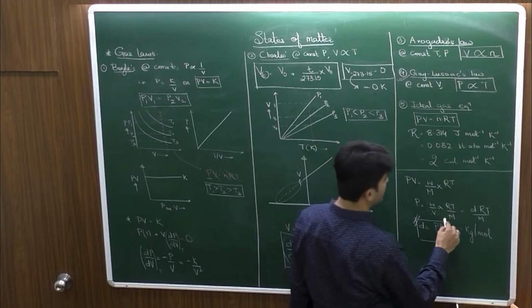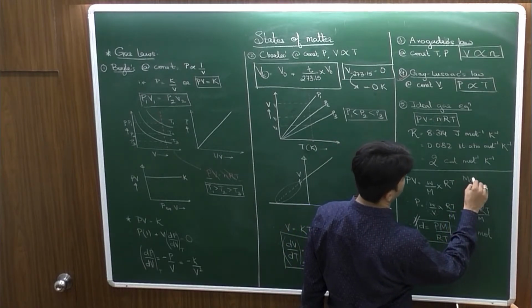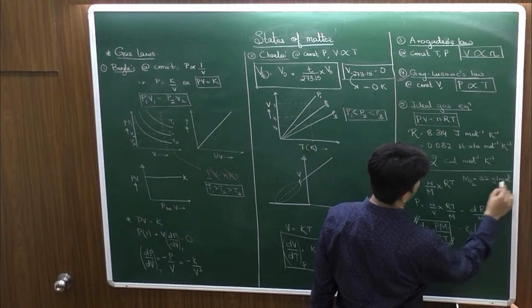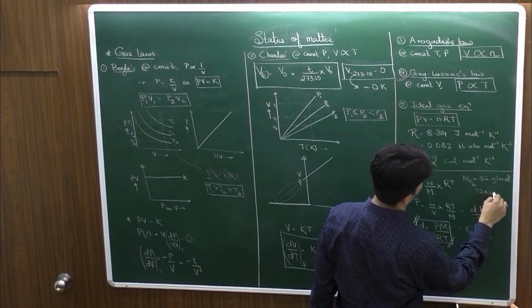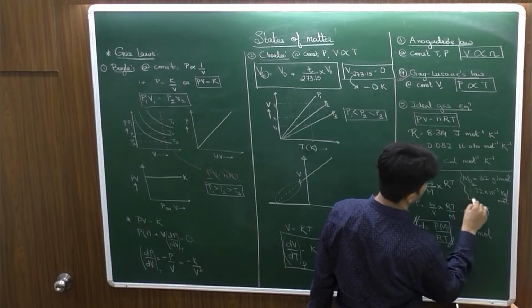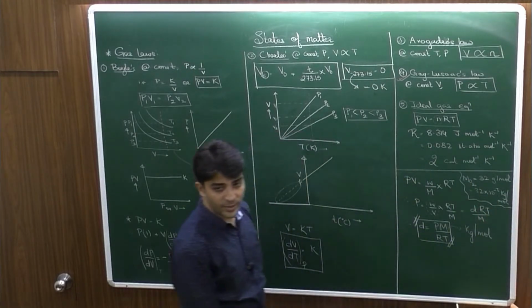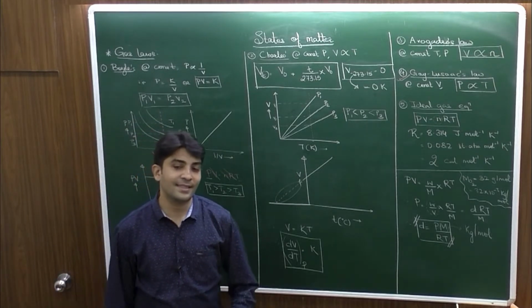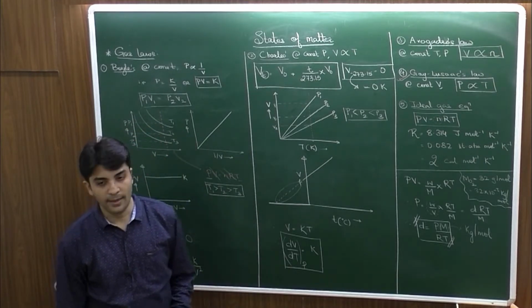For oxygen, the molar mass of O2 is 32 gram per mole, but to substitute it will be 32 into 10 power minus 3 kg per mole. So whenever you have the molar mass in the expression, remember always to substitute in kg, otherwise you will get a mismatch in the units.